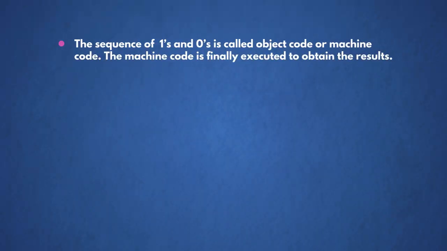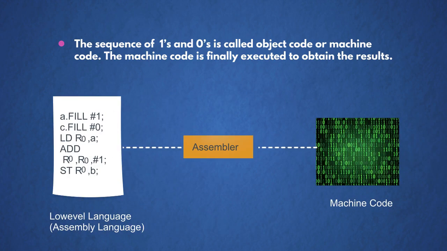The sequence of ones and zeros is called object code or machine code. The machine code is finally executed to obtain the results. Here is an example of assembly language code. In this picture, the assembler converts low-level language to machine-level language, which we already discussed in previous videos.